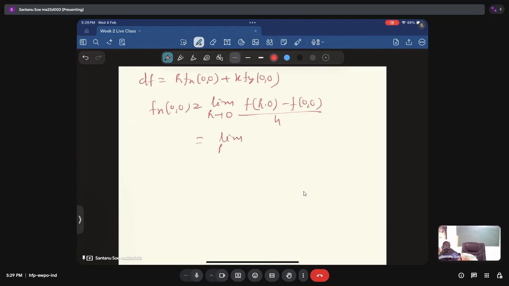So this will be the limit as h tends to 0, so f(h,0) will be 0 minus 0 divided by h. So this will be 0 because h times 0 is 0. So since xy is 0, it will be 0. Similarly, fy(0,0) will also be 0.